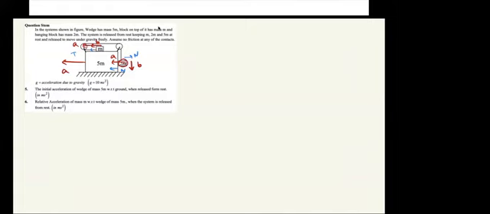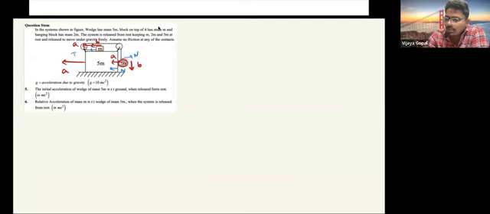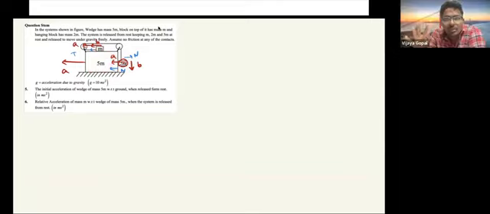First one from 2m, resolving force in the vertical direction: net force in the vertical direction, T equals m into B. That you will get as one equation, and in the horizontal direction, that you'll get two equations. Actually, with 2m you will get two equations, with m you will get one equation, and with 5m you will get one equation. So four equations, four variables. You just solve and you'll get the answer.